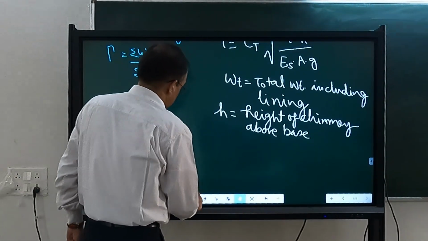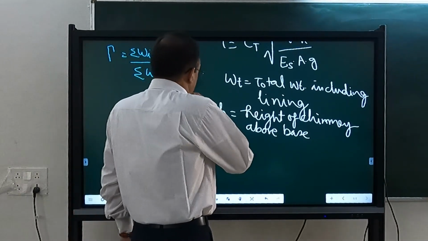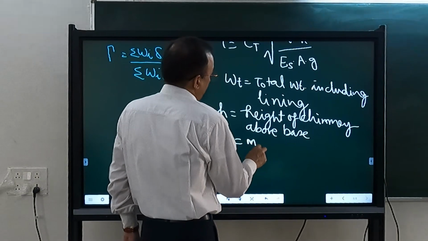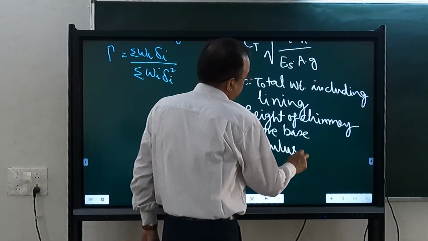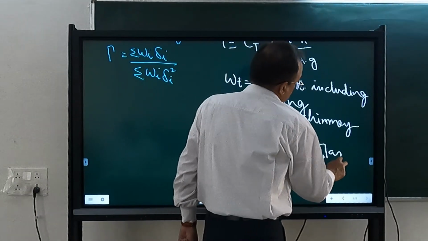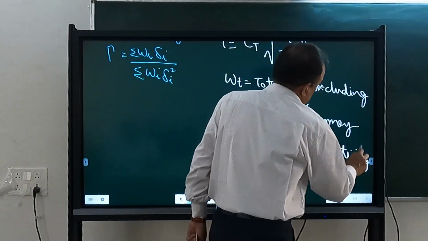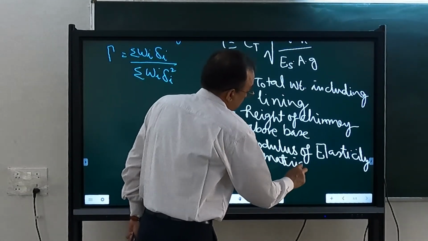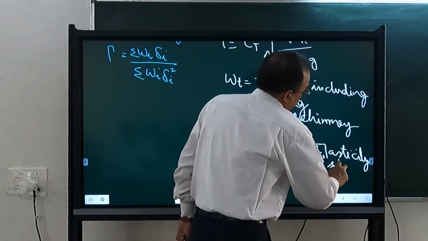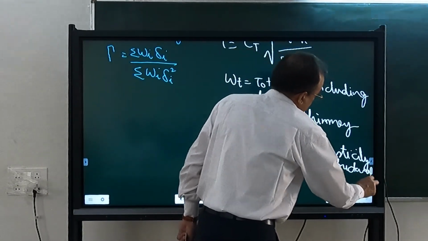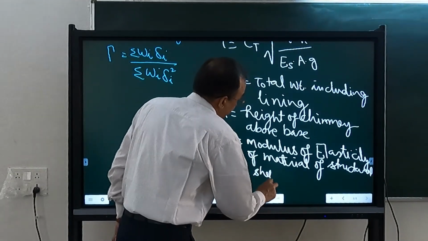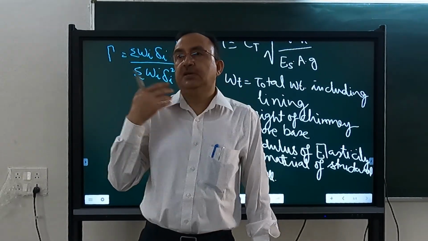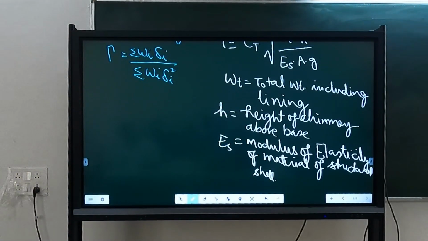Es is the modulus of elasticity of the material of the structural shell or outer shell, the shell which is resisting the load. Okay, I told you that there can be an inner shell and an outer shell. The outer shell is resisting the load. It may be made of concrete, it may be made of steel or an assembly.